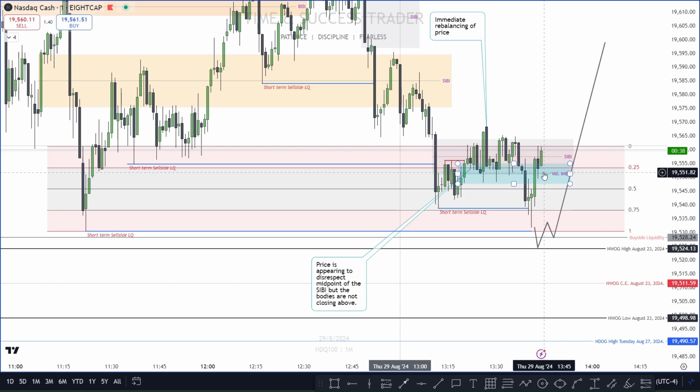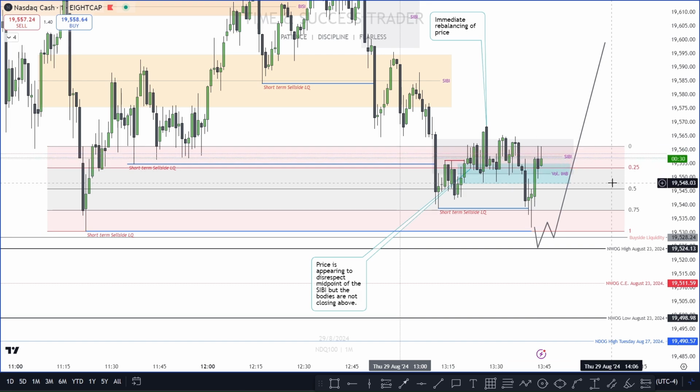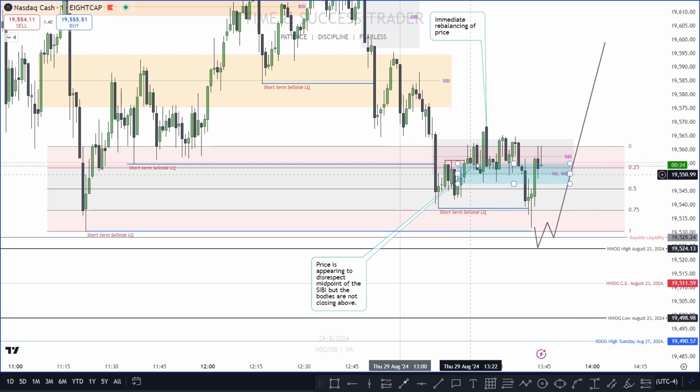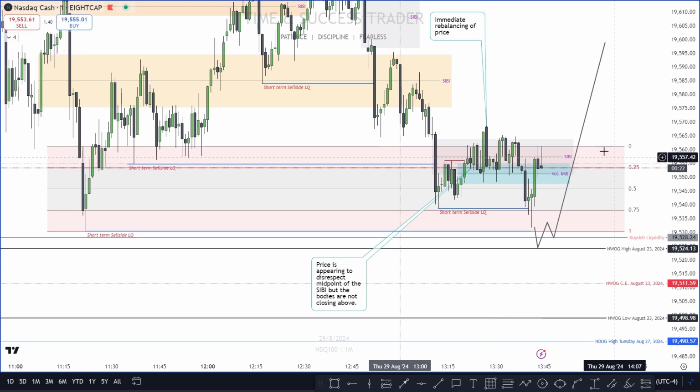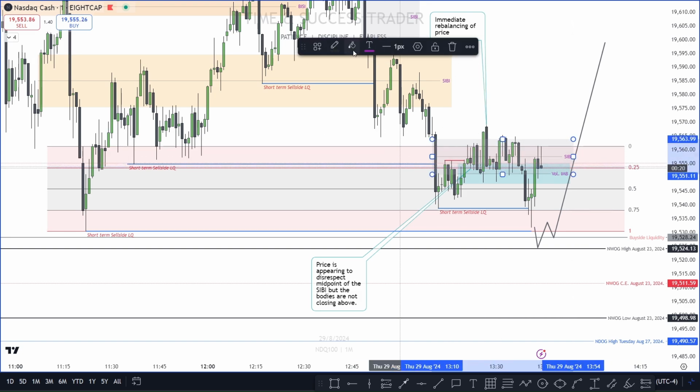Okay, this is a lovely reaction. This candle could very well be an order block that's forming. So we colored outside. Let's make this a little brighter.